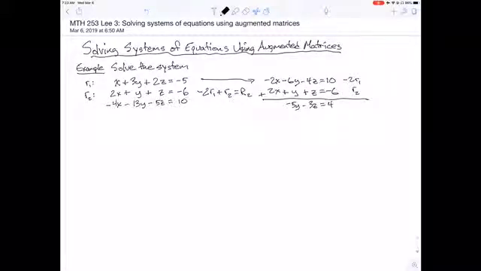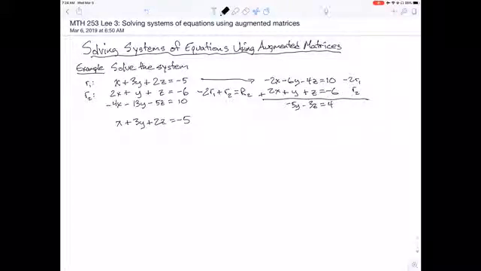I would copy the entire original system over again, but using a new row 2. Row 1 is going to stay exactly the same. So here I am copying this original system over again. So I have x plus 3y plus 2z equals negative 5.